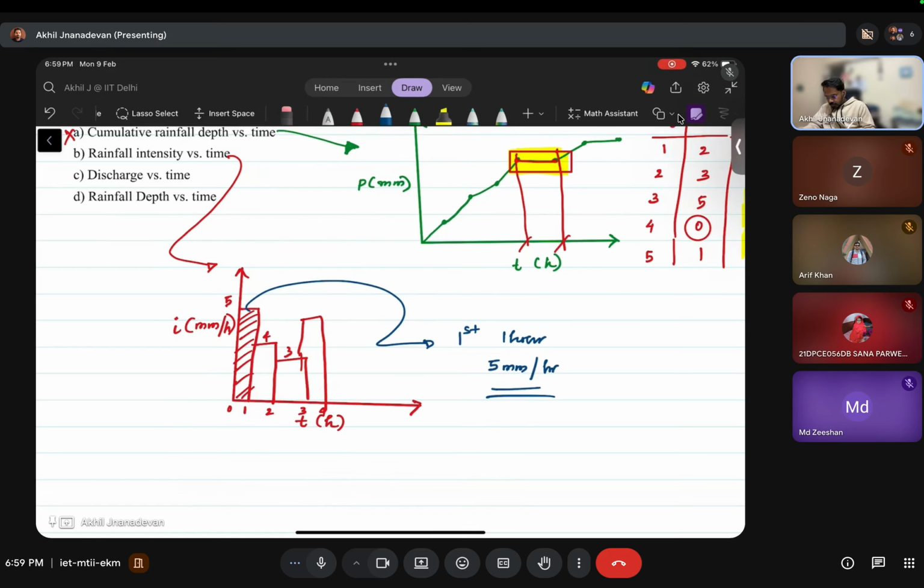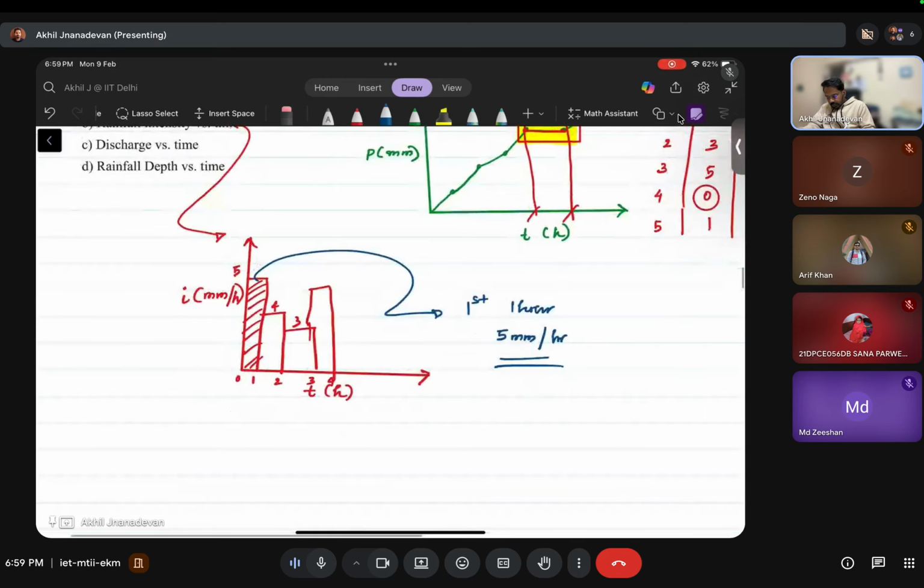And in the second hour, from 1 to 2, the rate of rainfall was 4 mm per hour. That means if that rainfall had remained for 1 hour, then a total depth of 4 mm would be generated. So this is called a hydrograph.